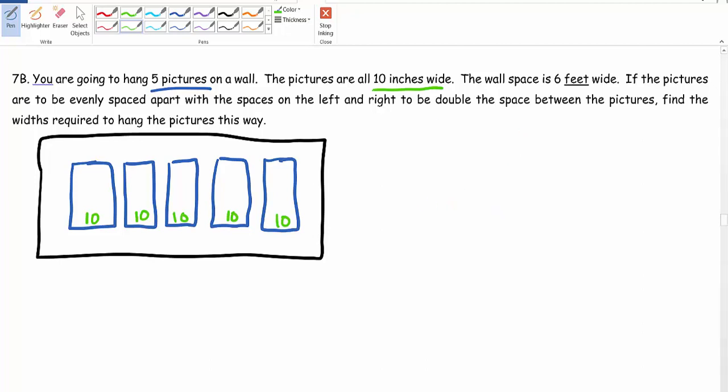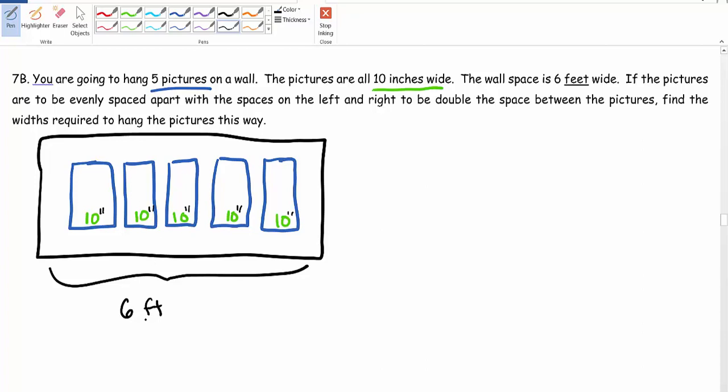Now, the whole entire wall space, it claims, is 6 feet wide. So this entire thing is 6 feet wide. When we look at the pictures, they are in terms of inches, and we're talking about a different unit here in terms of feet.